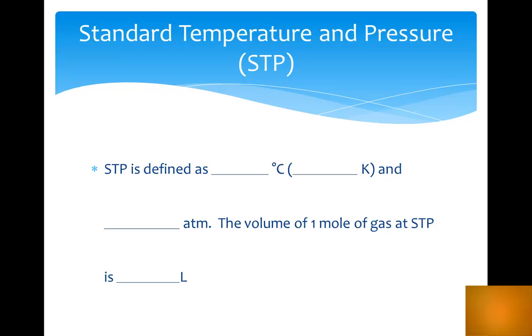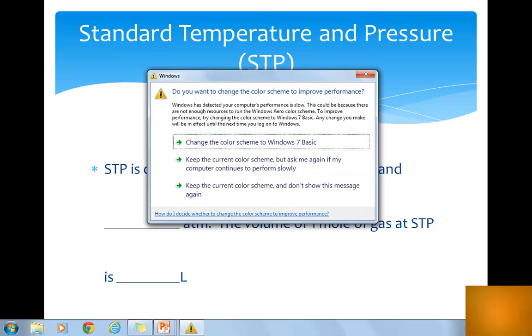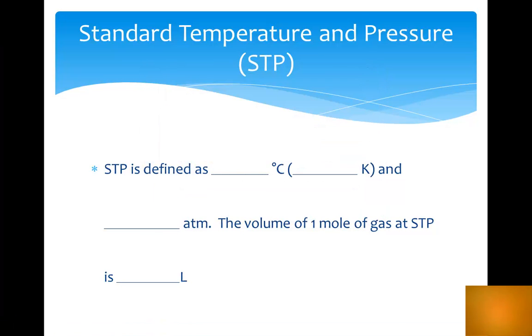If you do, you will be able to use 1 mole equals 22.4 liters. If you do not, you will have to use a different law, and we will get to that later. STP is defined as 0 degrees Celsius, which is 273 Kelvin, 1 atmosphere, and the volume of 1 mole of gas at STP is 22.4 liters. Keep in mind 3 sig figs here.